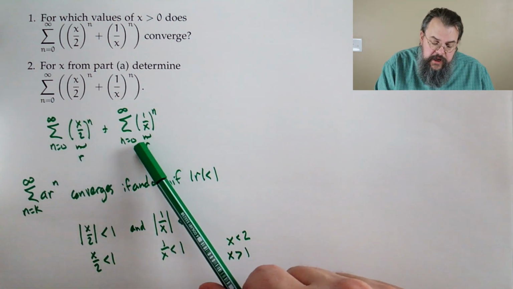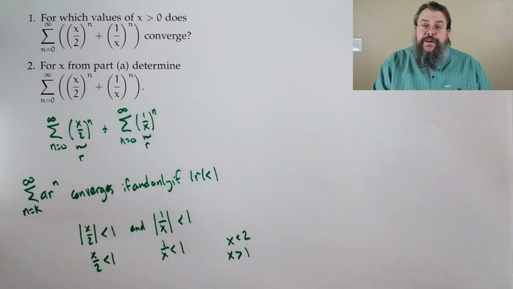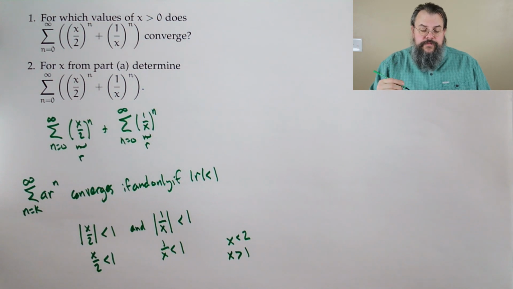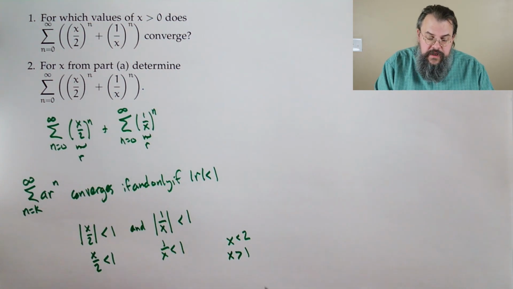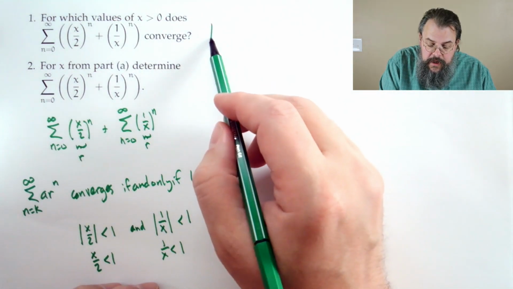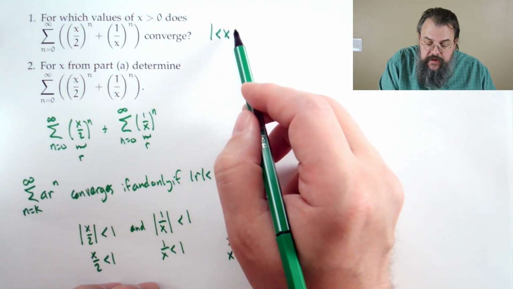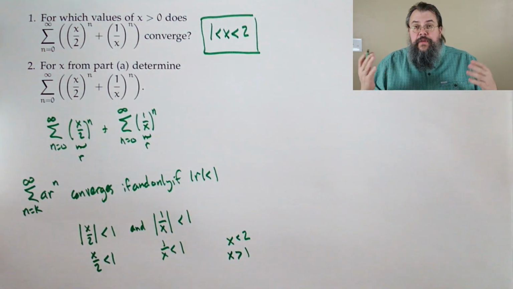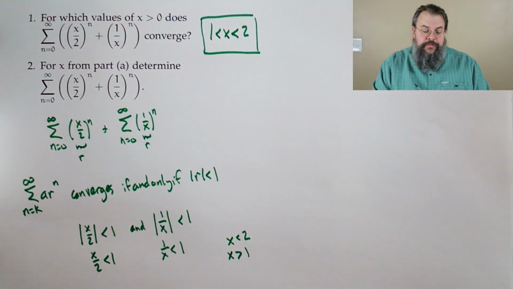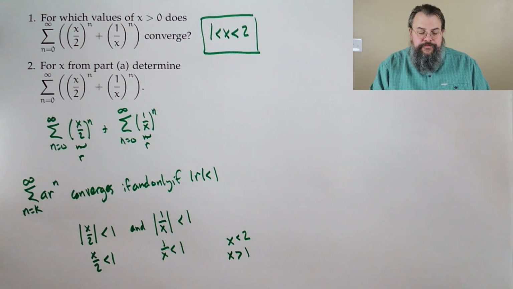On the other hand, here, as long as x is big enough, then 1 over x will be small, so it will converge. So the answer for part 1, well, we need both things to converge. So it's going to be 1 less than x less than 2. So anything between 1 and 2, that will converge. Okay, so part 1 is done.